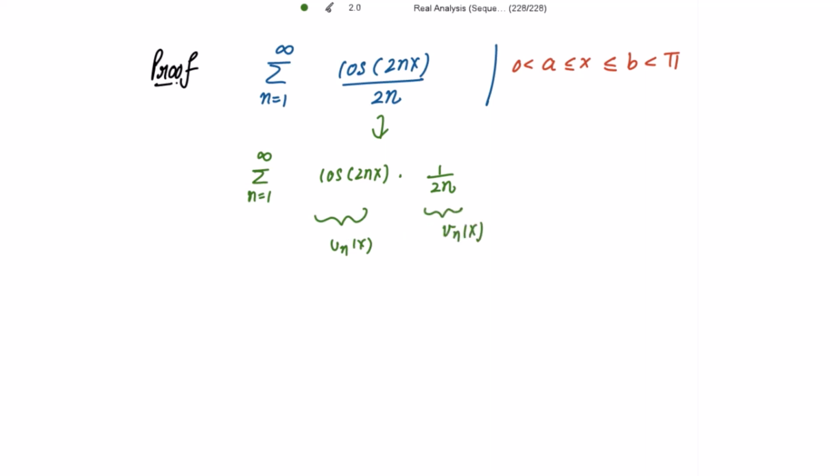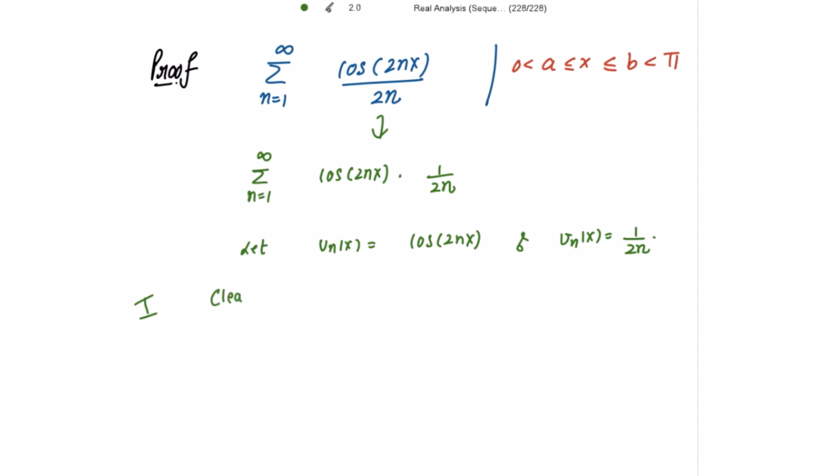To apply the Dirichlet test, let unx is equal to cos of 2nx and vnx is equal to 1 divided by 2n. So for the first condition of the Dirichlet test, this vnx should be a decreasing sequence, right? And should converge uniformly to 0.